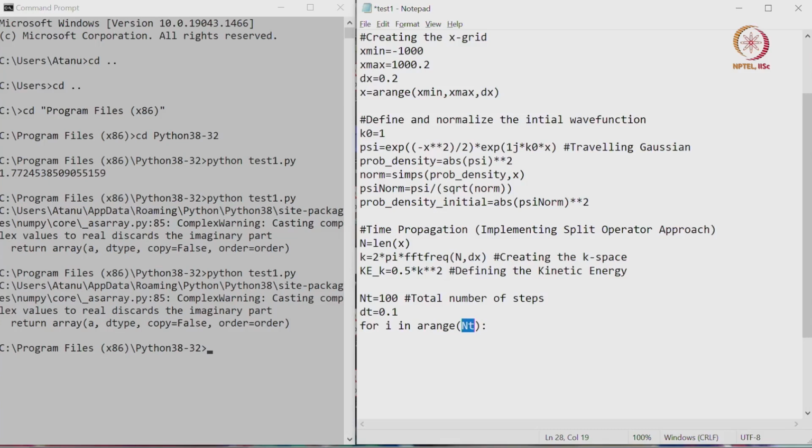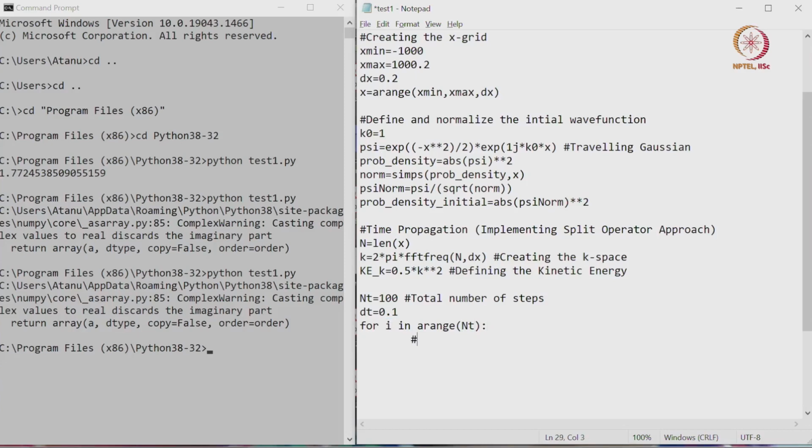It will start with 0, then 1, 2, 3, 4, and continue until it reaches 99. So it will undergo 100 iterations, and the index, here i, will start from 0 and end at 99. So that's the basic idea.